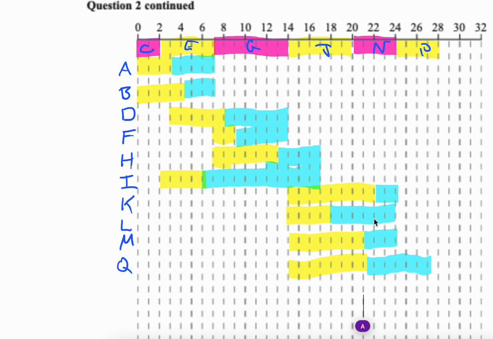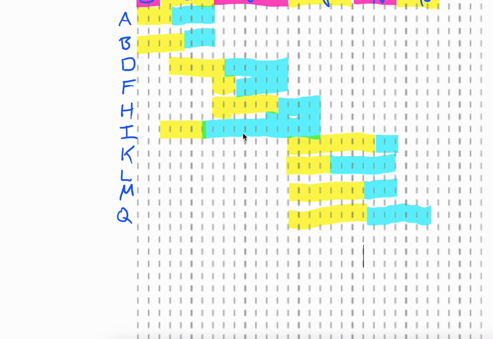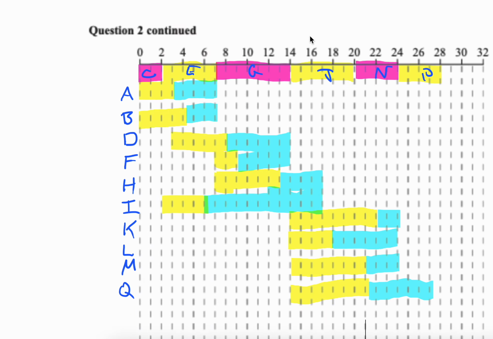So the key thing you need to look at here is how many workers do we have working at the same time. Now, I'm going to do something a little bit different. I'm going to take each of these nodes and move them to the opposite side, the latest possible they could do.